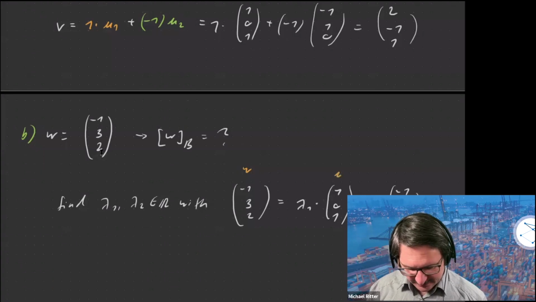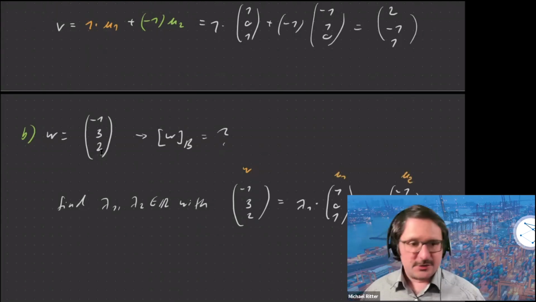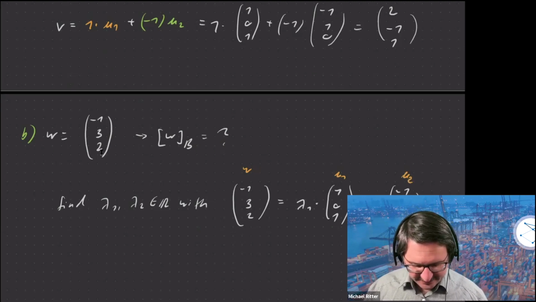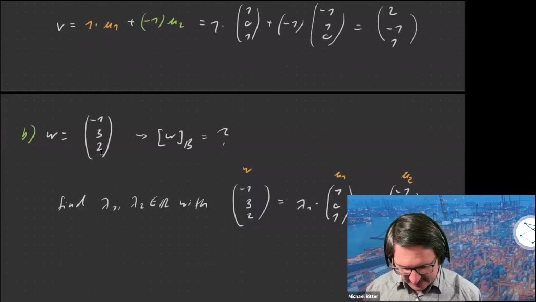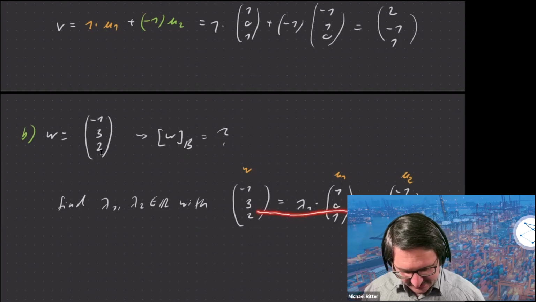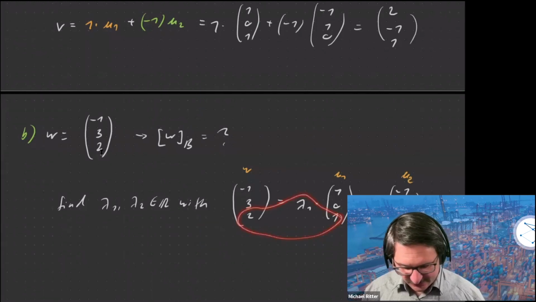This is our basis vector u1, this is our basis vector u2, and that means we just have to solve a system of linear equations once again. Let's see if that works. Again, we could just have a quick look at that system: this last row already determines λ1. So λ1 is 2 here.